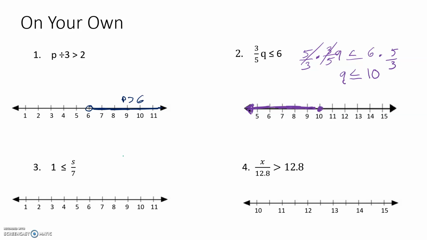I have 1, same thing, it's just got the variables on the opposite side. So I have 1 is less than or equal to s sevenths. Okay, so I multiply s sevenths on both sides. Let me erase that real quick, sorry.